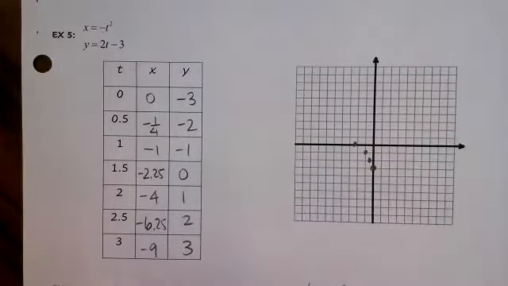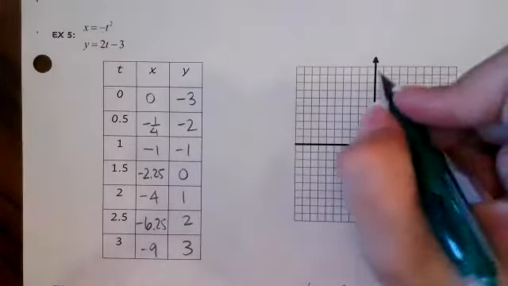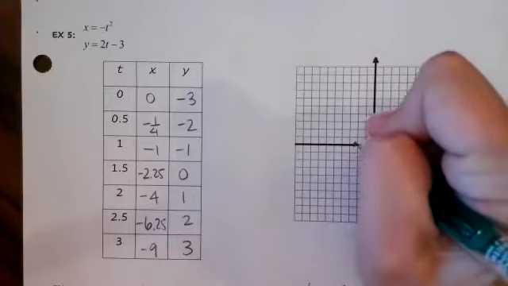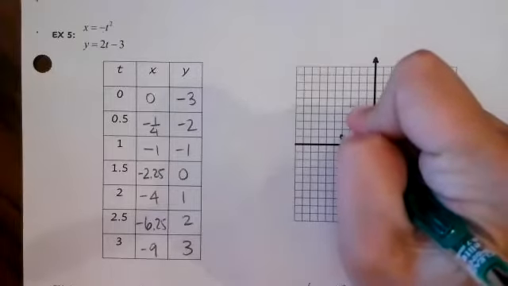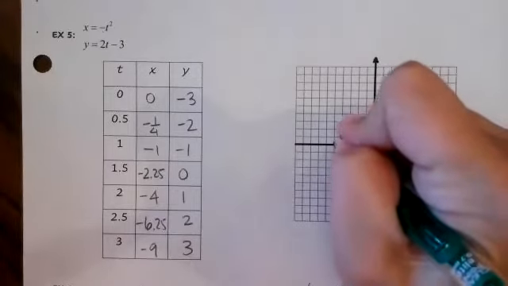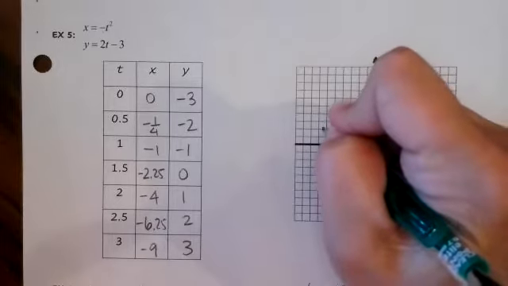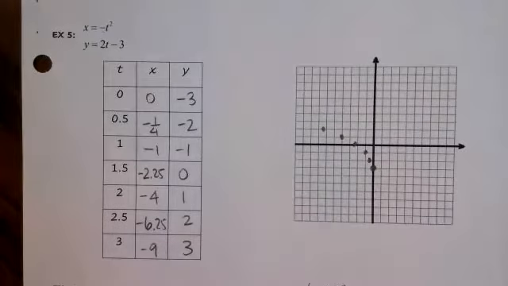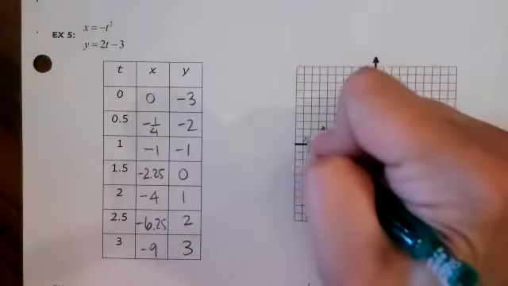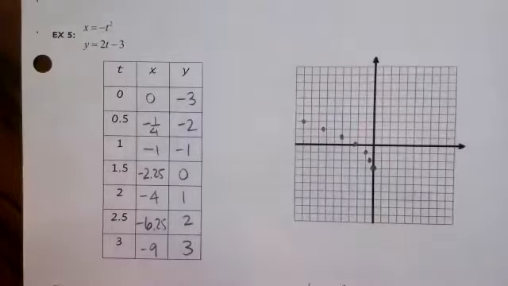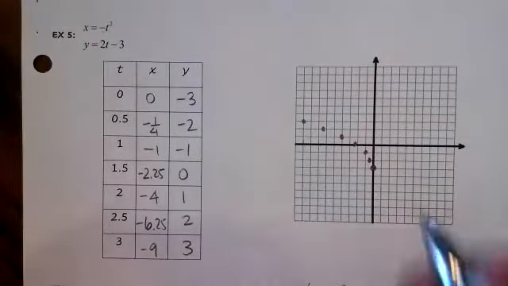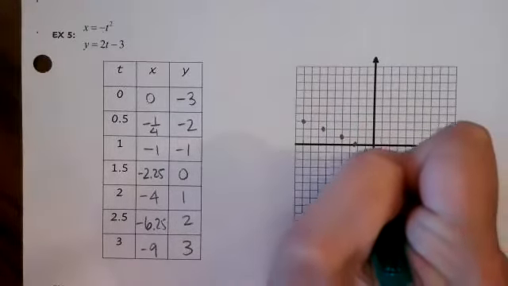And there's my point. Then -4, 1. -6.25 is going to be somewhere between that -6 and -7. And then -9, 3. So in this case, instead of getting a line, we got a curve.